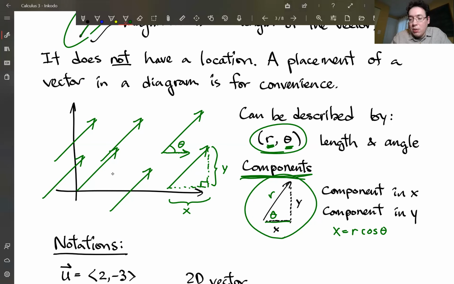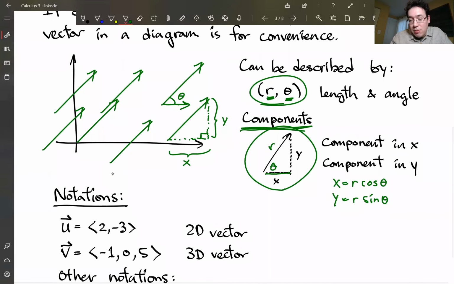So x over r is equal to cosine theta, or if you multiply both sides by r, x equals r cosine theta. You could do the same thing with sine. So if you have the magnitude and the angle, you could write down the x and y components. And if you have the x and y components, you could write down r and the angle. The magnitude you could find using the Pythagorean theorem.